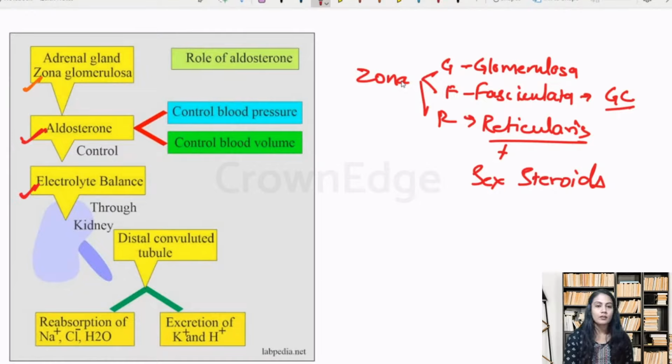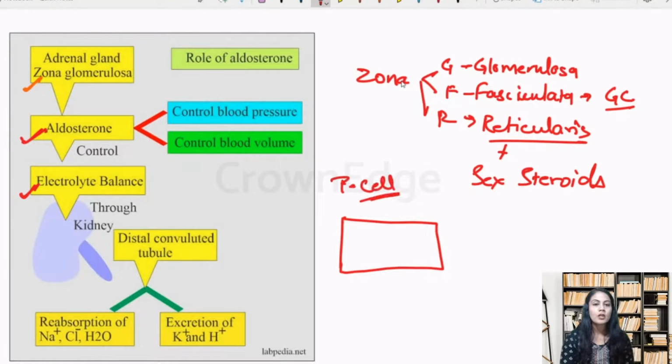Suppose this is the cell, known as the principal cell or P cell. The detail is there in the lecture, but let's discuss quickly what it is going to do. Once aldosterone acts on it, it is going to absorb the sodium from the tubule and remove the potassium.